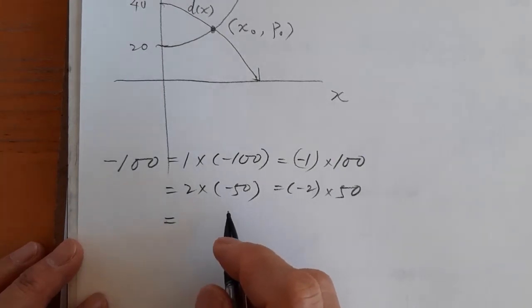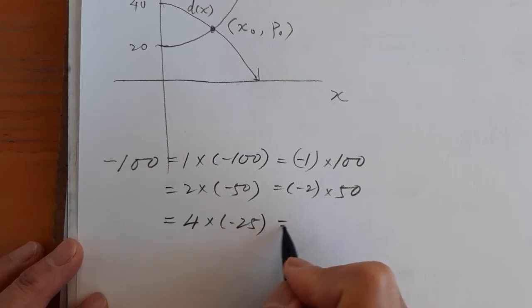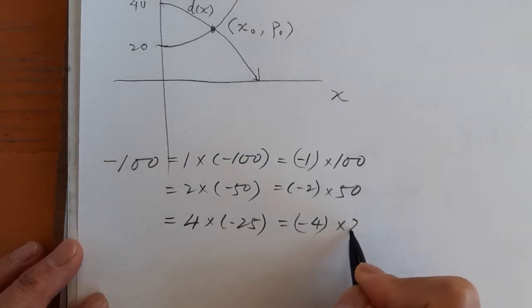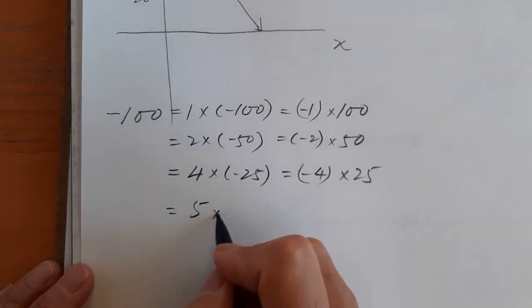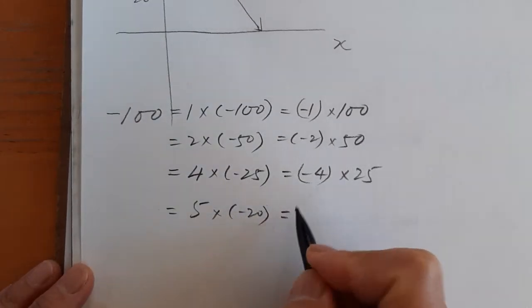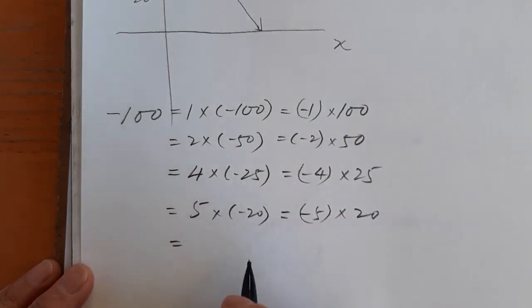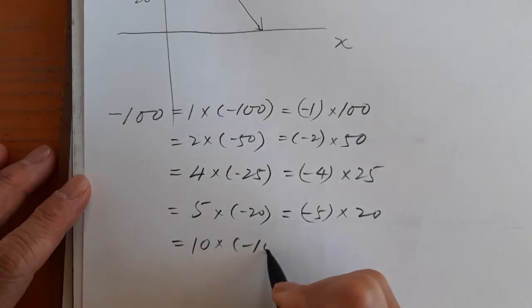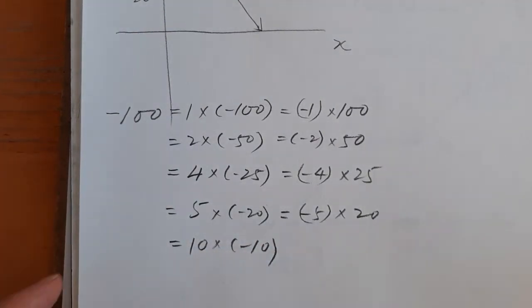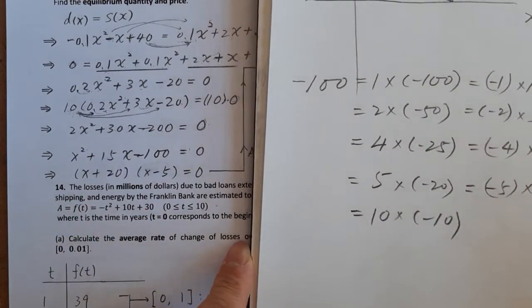The next is 4 times negative 25, or negative 4 times positive 25. The next is 5: 5 times negative 20, or negative 5 times 20. The next numbers, 6, 7, 8, 9, 10: 10 times negative 10. No more. That's all the factorizations.